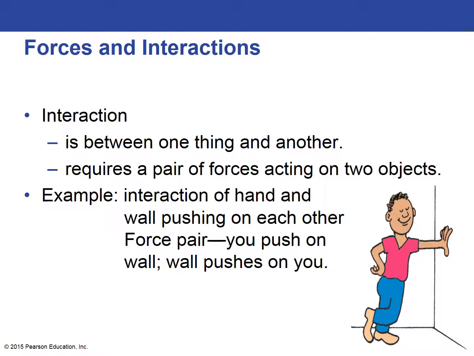The reason the man does not move is because of friction with his feet on the floor, which keeps him from being pushed away from the wall, and therefore there is no motion in this example. When we look at the next slide, we'll see another case where Newton's third law is being applied.